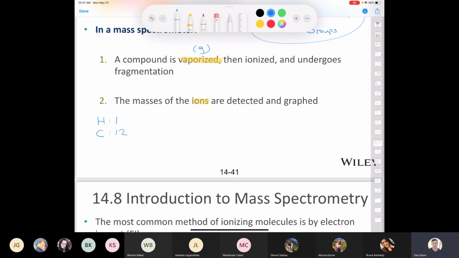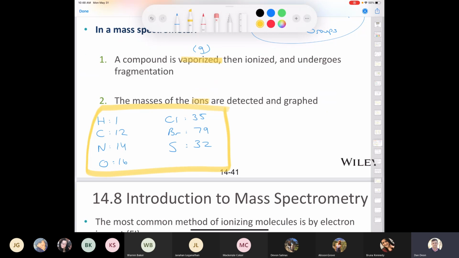Carbon has a mass of 12. Nitrogen has a mass of 14. Oxygen will have a mass of 16. Chlorine will have a mass of 35. Bromine will have a mass of 79. And sulfur will have a mass of 32. So these are the masses that you're going to see me use when I do my math.